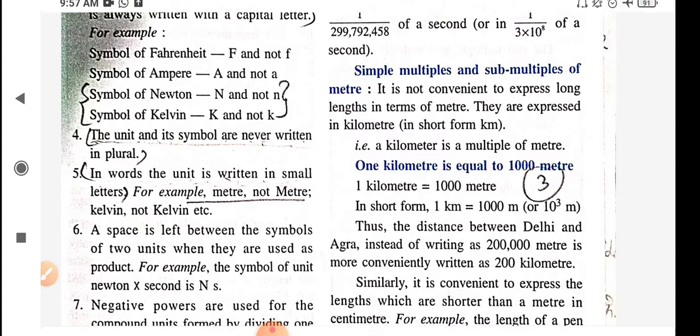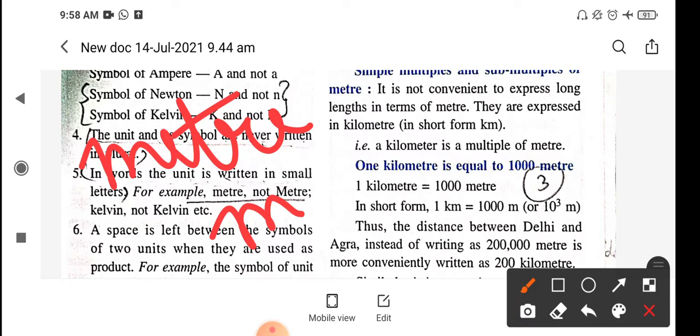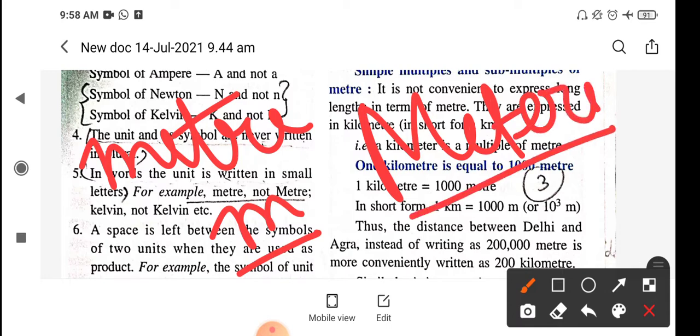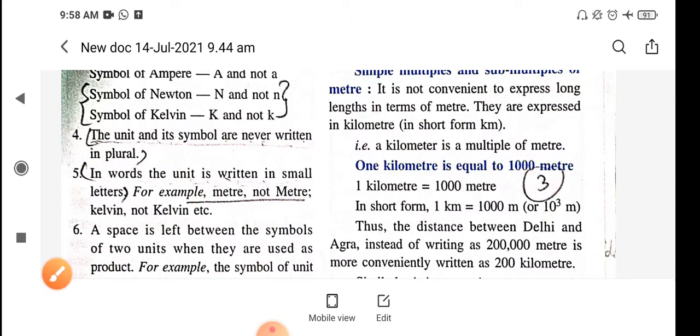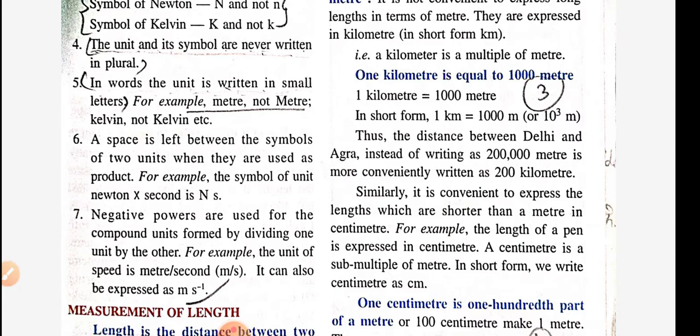If we write meter, we start with a small m, not a capital M. This pattern is wrong, and this pattern is right. Now the sixth point: a space is left between the symbols of two units when they are used as a product.